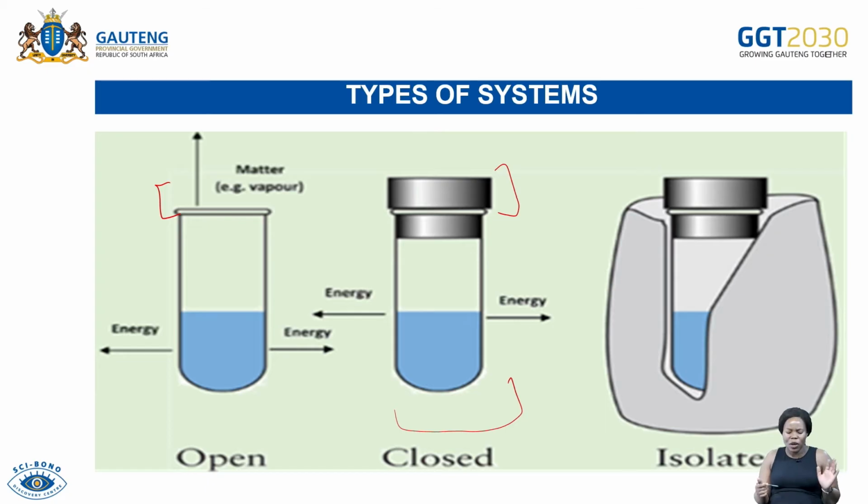And then we've got the isolated one. After having this container with a certain liquid, we wrap it around with something so that we don't allow it to cool down. Remember the flask example I made? Yes, because now it allows it to stay warm for the longest time, meaning that it is isolated like that. It refuses to let the energy embedded inside the system interact with the surroundings. That is why you find your water is still very hot even after a day of putting it there.